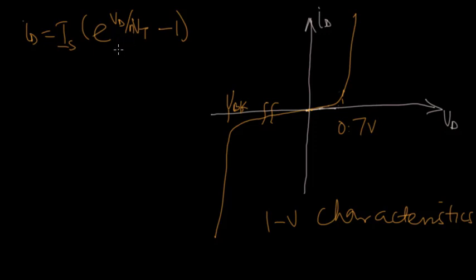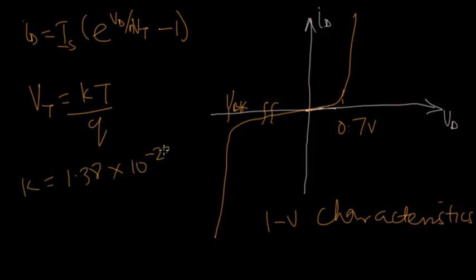In most cases, it is equal to 1. And V thermal is also equal to KT all over Q, where K is the Boltzmann constant, giving us 1.38 times 10 raised to the power minus 23 joule per Kelvin. And then you have Q is the charge on the electron, which is 1.6 times 10 raised to the power minus 19 coulomb.